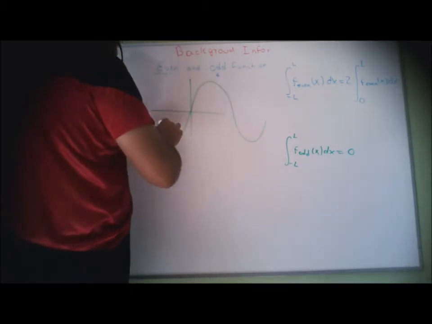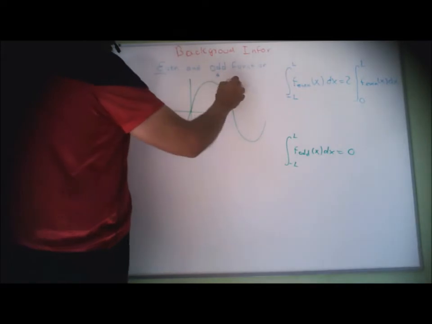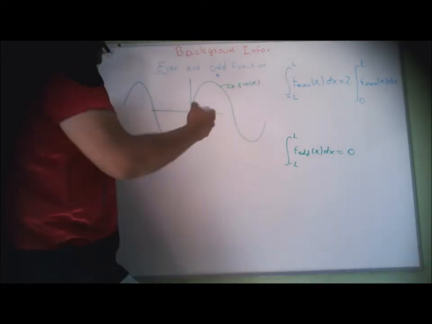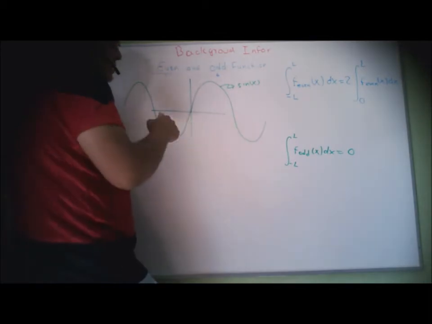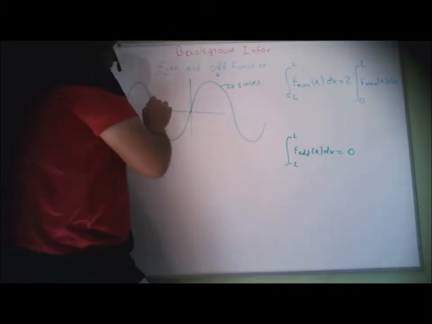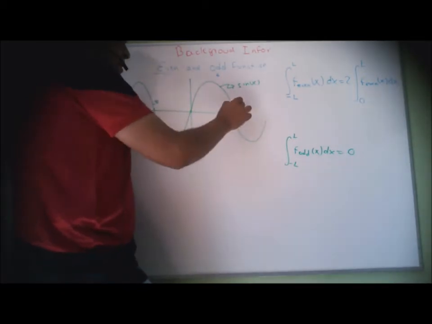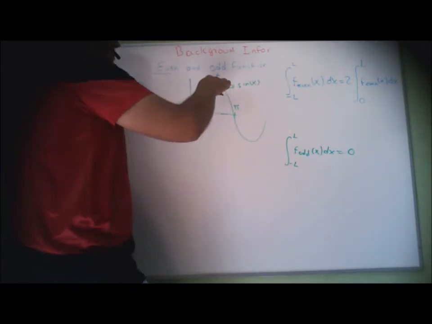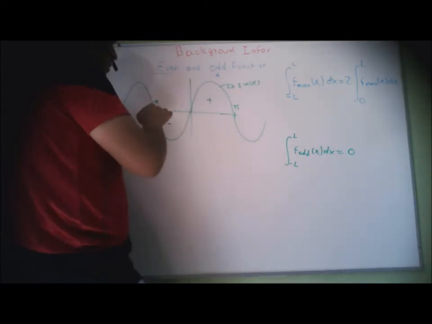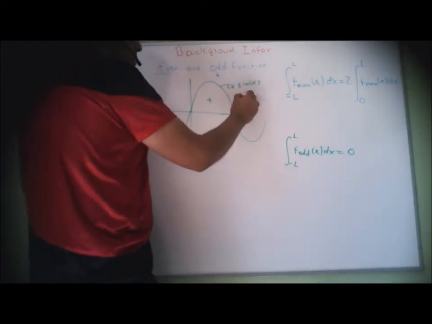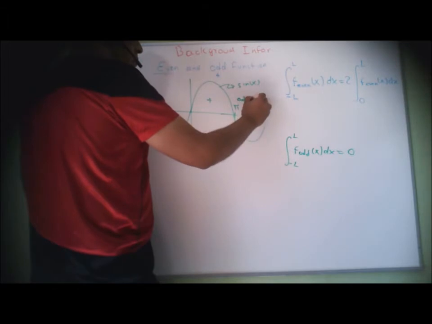This is actually the sine of x. Now, is the sine of x an even or an odd function? Es par or es impar? I can see from minus pi to pi that this is negative and this is positive, and this behaves the same as the negative here, but below. It is an odd function.